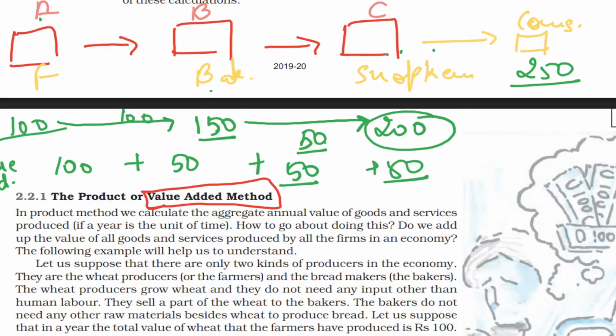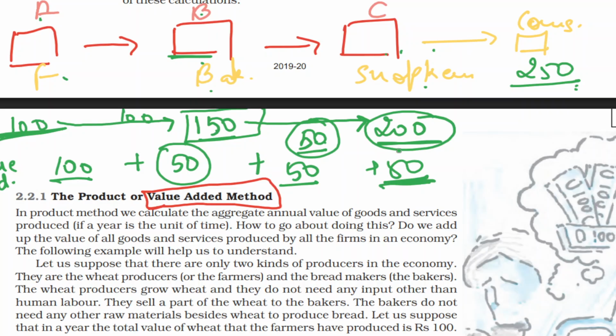The farmer produces it for 100 rupees, he sells it for 100 rupees. The baker made it for 150 rupees, but he sells to the shopkeeper for 200 rupees, so the baker added 50 rupees. Now the shopkeeper sells it to the consumer for 250 rupees, he also gets his value added of 50 rupees.